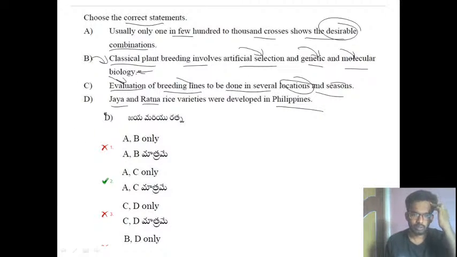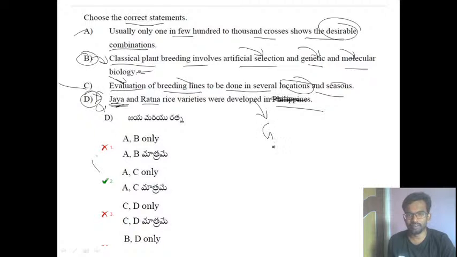You need to be very specific about the right answer. As I have discussed, only A and C are right, and the remaining ones are wrong. Why so? Jaya and Ratna, you can just guess from the name. It is an Indian name. They were developed in the Green Revolution.